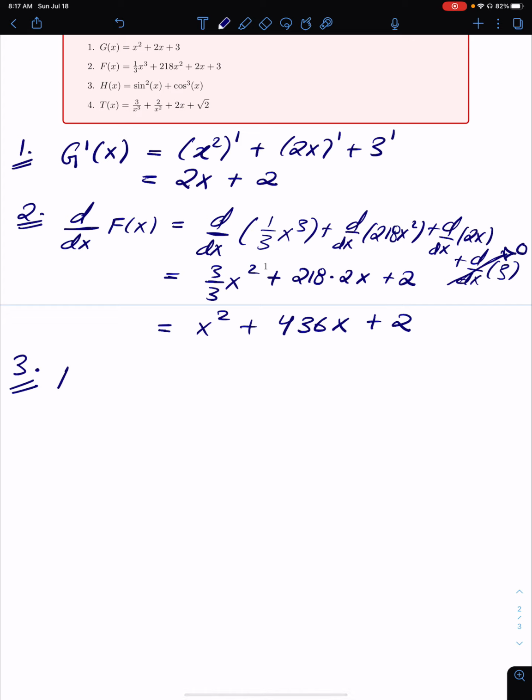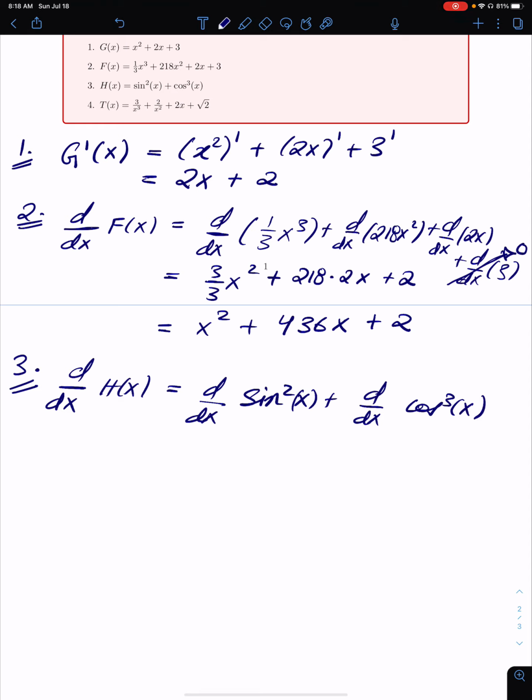Question number 3, if we have here h of x is equal to sine squared of x plus cosine cubed x, we want to differentiate it. So if we want the derivative of h of x, again, it's the derivative of sine squared x plus the derivative of cosine cubed x.